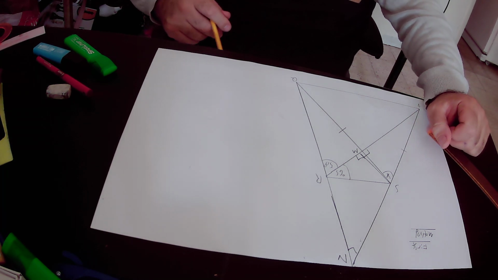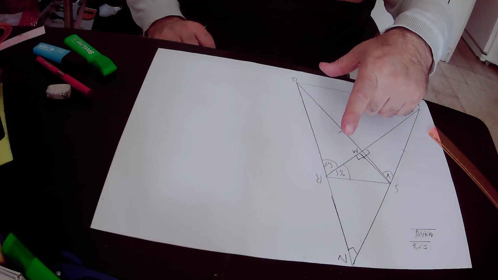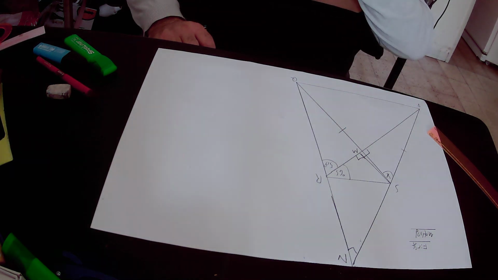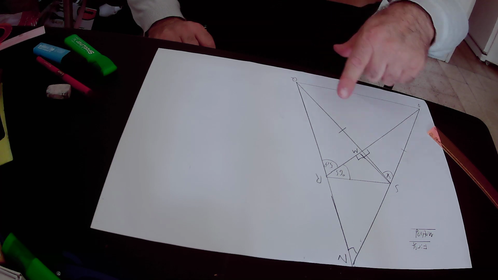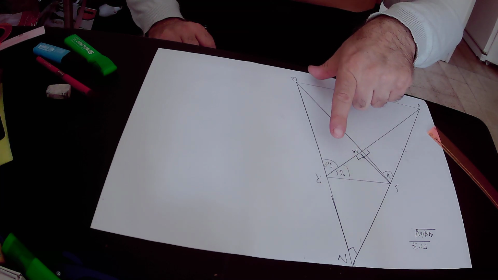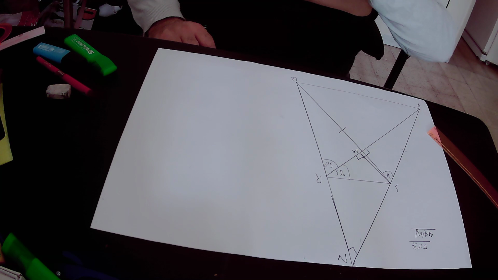QR is a straight line, and we extended the straight line QR. So QN will remain a straight line because we extended QR by a straight line. So QN is a straight line.